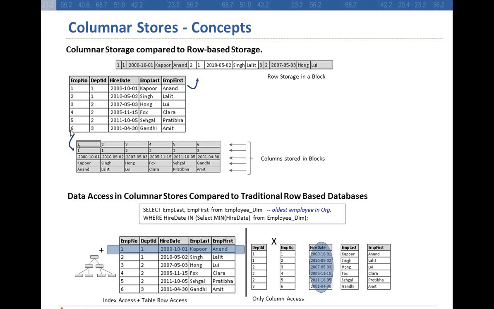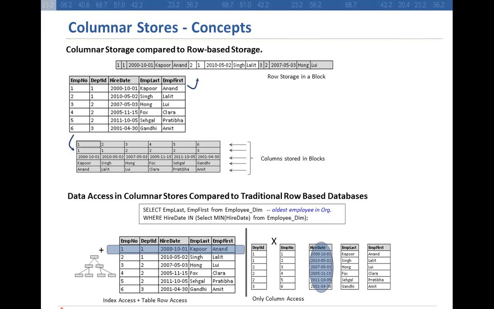So employee number, which is 1, 2, 3, 4, 5, and going on to 6, the entire column gets stored into one or multiple column level blocks. Now this enables better compression, and MPP Columnar Stores also employ deduplication algorithms on top of this compression.